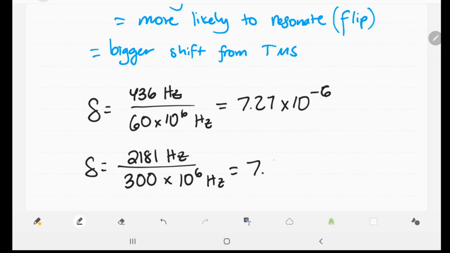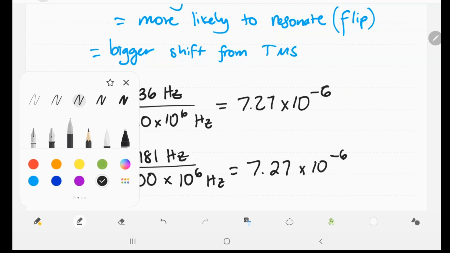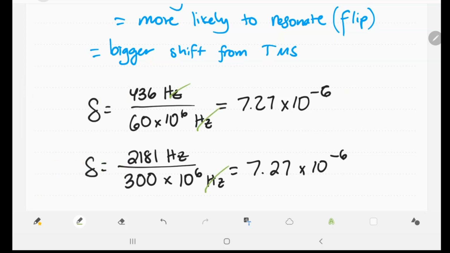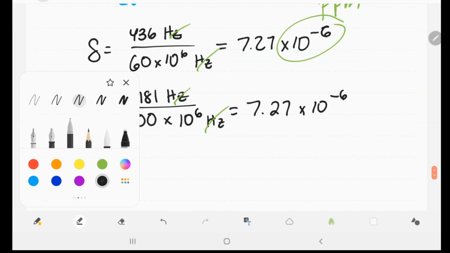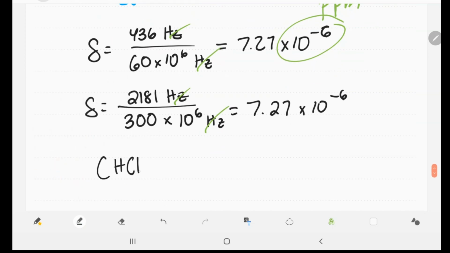And so we see that hertz cancels out, right? But instead of writing all these 10 to the negative 6s, we just say ppm instead. And so for chloroform, we're going to say that this proton shows up at 7.27 ppm.